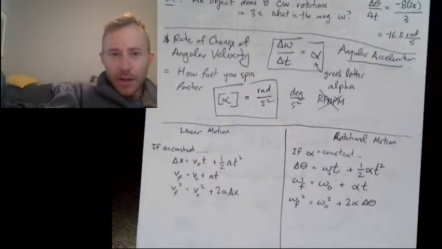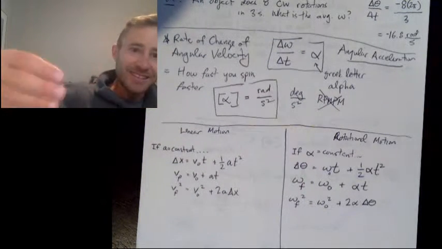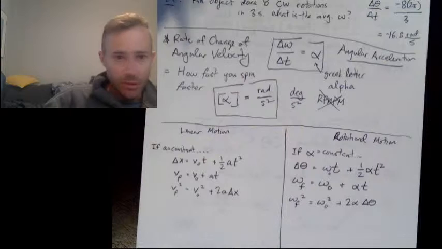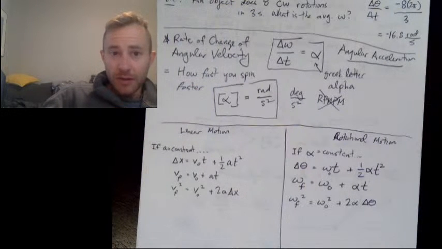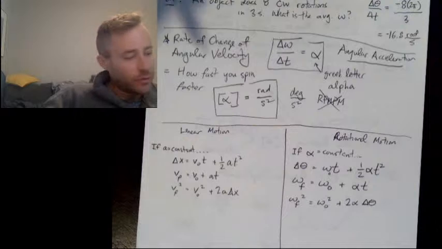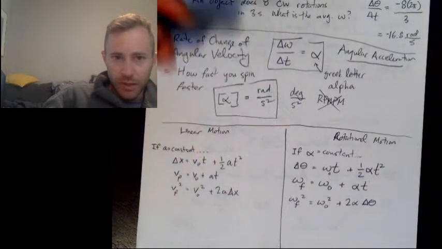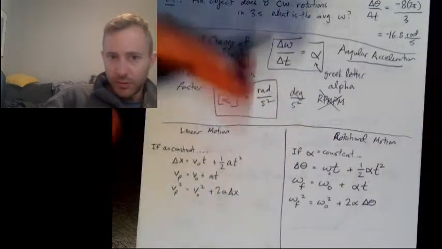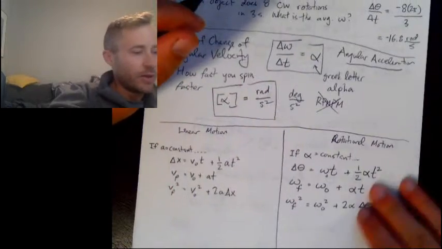Okay? And you use these equations in the exact same way that you used the kinematics equations that we learned at the very beginning of the course. And so for that reason, I'm not really going to do any examples. I'm just going to let you guys figure it out for yourselves.